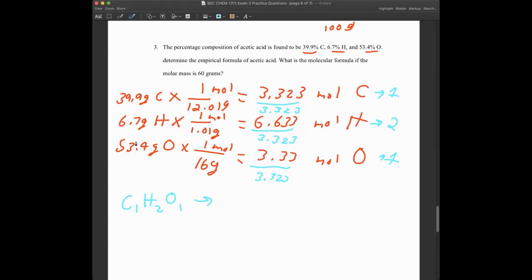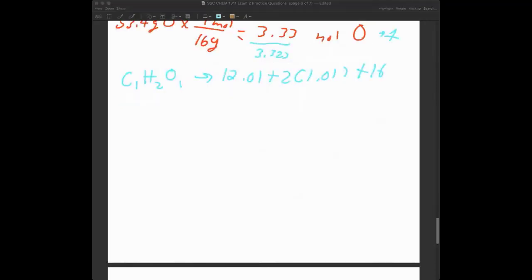So as was mentioned, when we find the mass, we do 12.01 plus 2 times 1.01 plus 16. And what do we get? Around 30 grams. Is that what everyone got? Yeah, so it's around 30 grams. Perfect.